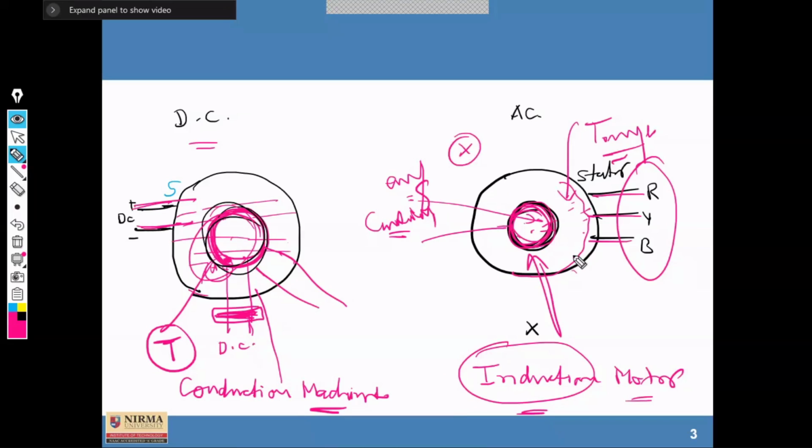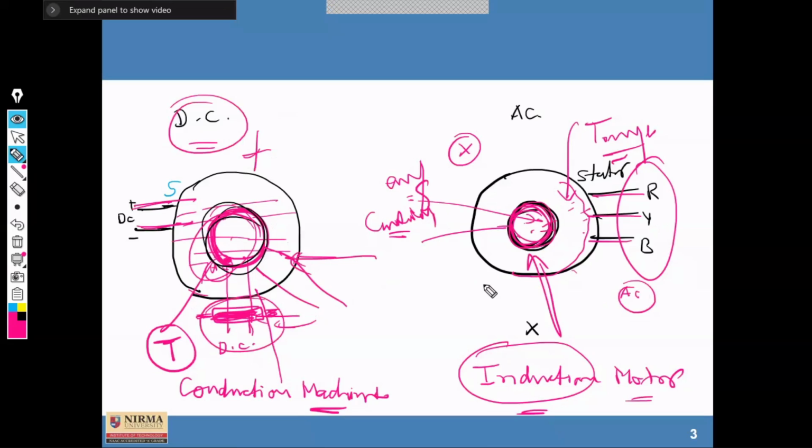The construction is very simple because the commutator is an additional circuit where the brushes are mounted, but here we do not need such a commutator circuit or brushes. So the construction is very simple. The cost is very less compared to DC machines. AC supply is available easily at our premises, and for DC supply we need some rectification circuits to convert AC into DC.